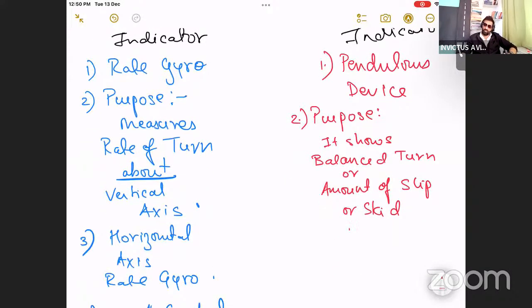All right. All are the same things, okay? Same things.